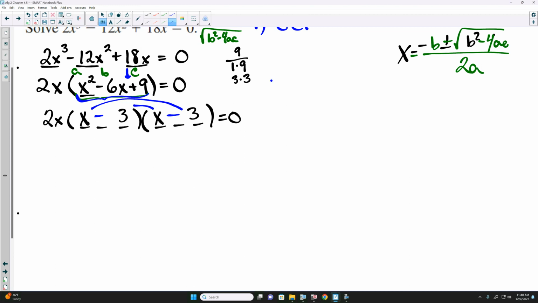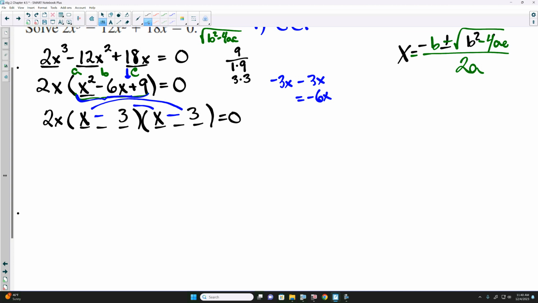X times negative 3 is negative 3x. Negative 3 times x is negative 3x. And negative 3x minus 3x is negative 6x, which is indeed the middle term we wanted. Questions on this so far?